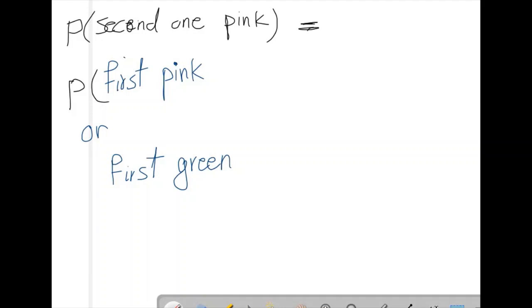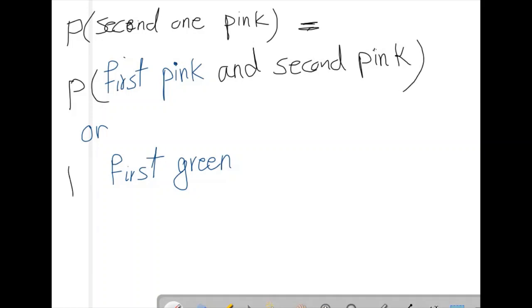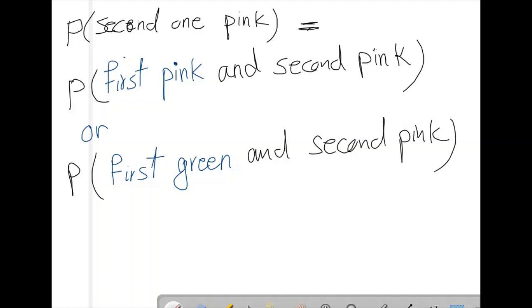And we have information about the second one, so we know that the second is pink, and here first green, and again second pink. And instead of or we should write plus, according to the sum principle.